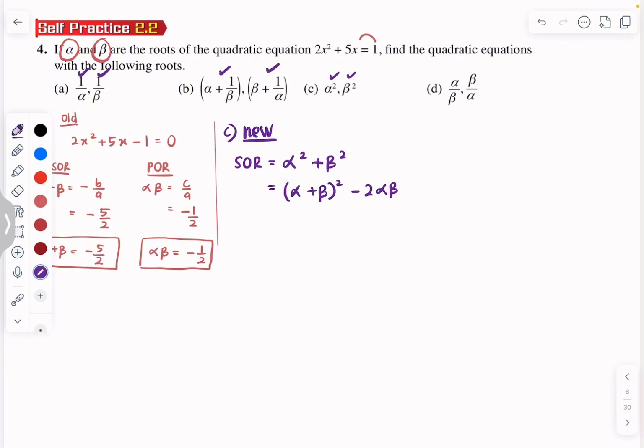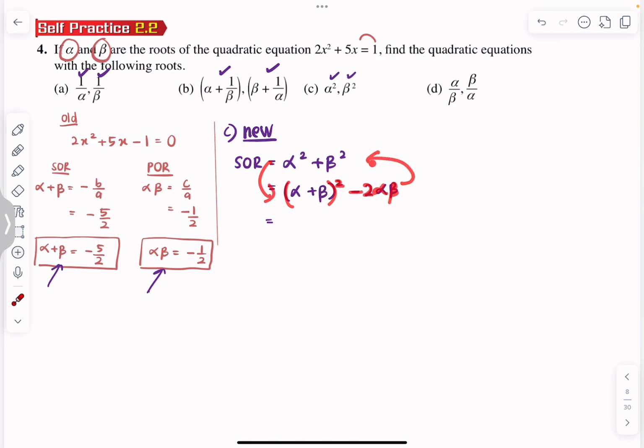You can ask why we have to factorize into this one, because we don't know what alpha square plus beta square is. We only have alpha plus beta and alpha beta. So we have no choice but to factorize it. And when we factorize it into alpha plus beta square, we have to minus 2 alpha beta, then only we will get this back.